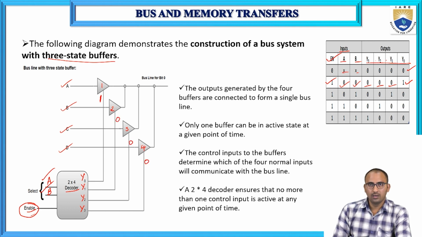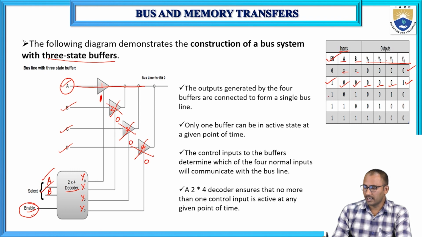That means the second, third and fourth tri-state buffers are disabled, and only the first tri-state buffer is enabled. Because of this, register A will be connected to the output. In this way, only one register will be selected to transfer the data.